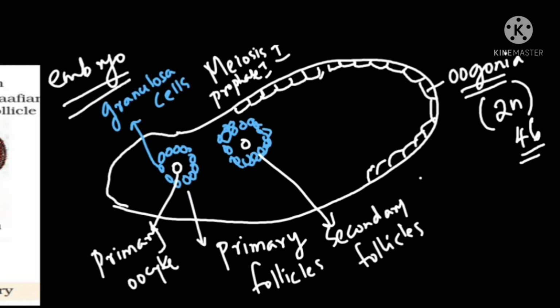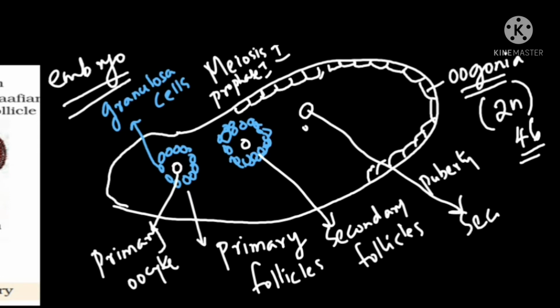So when the girl reaches puberty, that time meiosis 1 will complete. When meiosis 1 completes, the primary oocyte will divide and form a secondary oocyte, and one polar body also will be there, the first polar body. So this is a secondary oocyte.